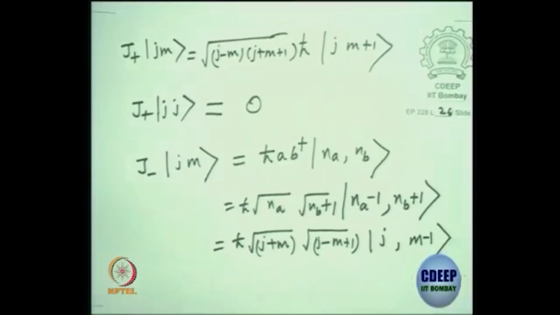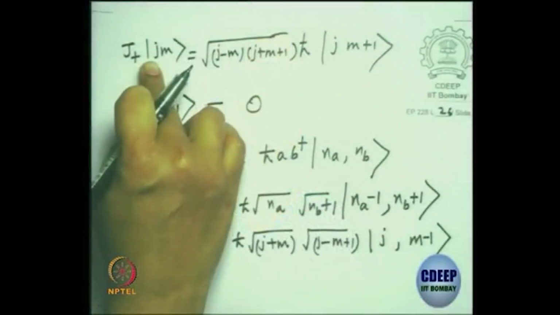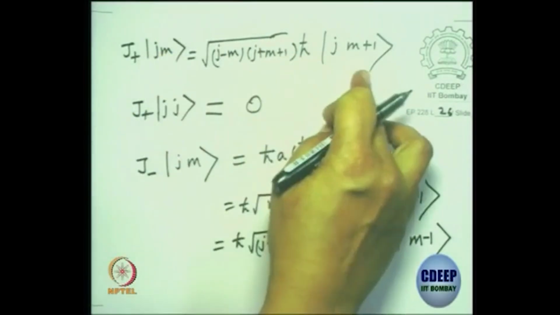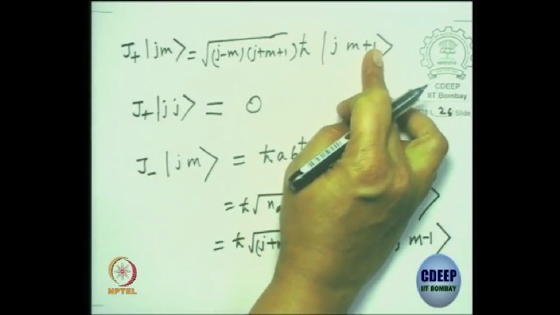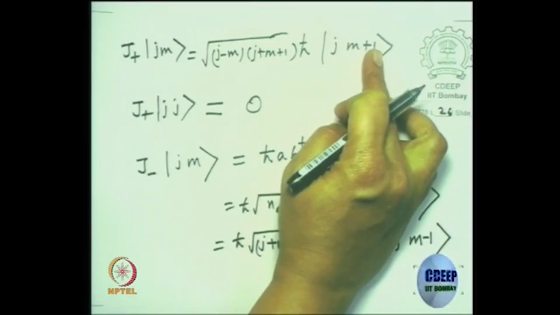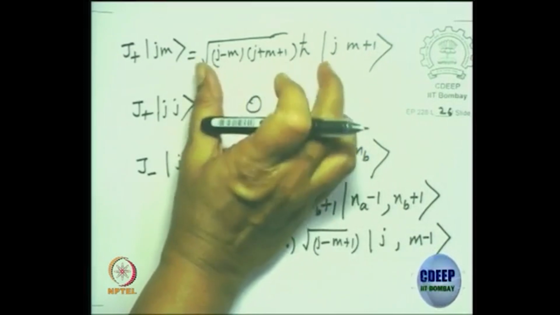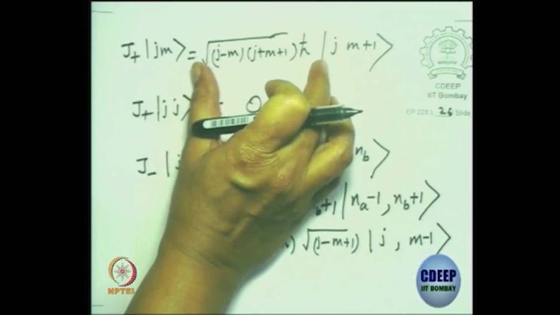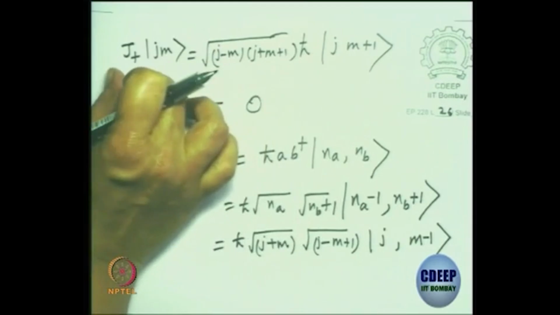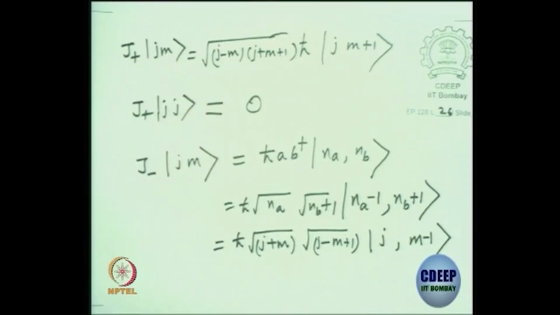Is that right? So this is like a raising operator which takes the magnetic quantum number up by 1 unit with this coefficient. We have figured this out by writing a representation for J plus in terms of ladder operators of two independent harmonic oscillators.